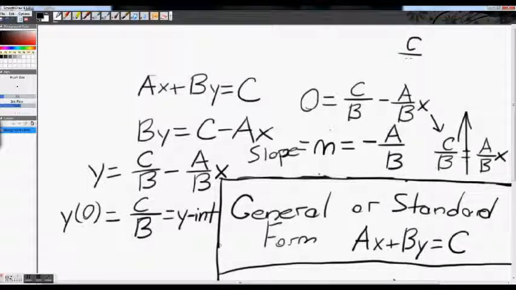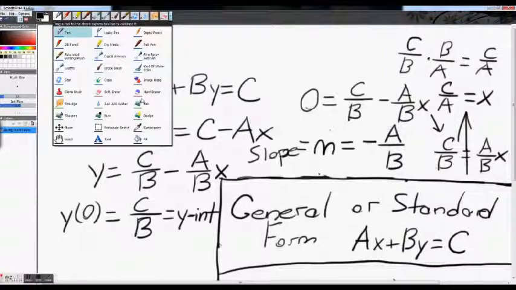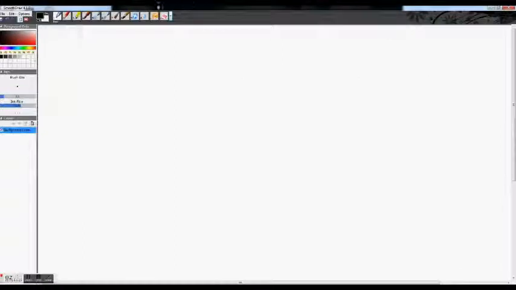C over b times b over a is equal to c over a. So c over a will be our x-intercept. So, that is linear functions. Now let's look at linear inequalities.